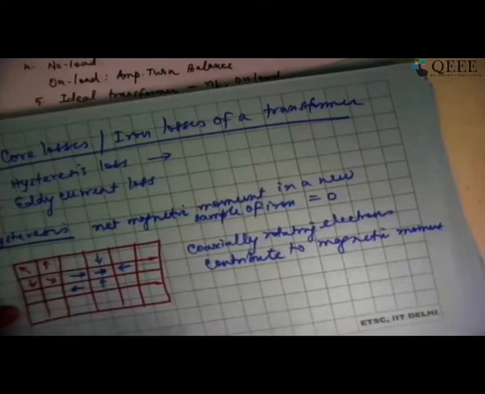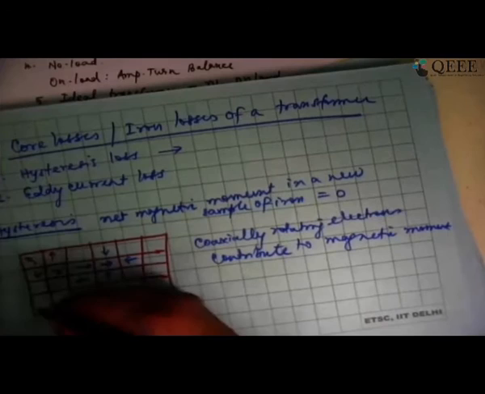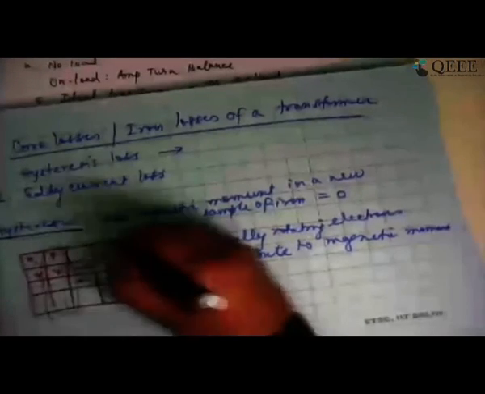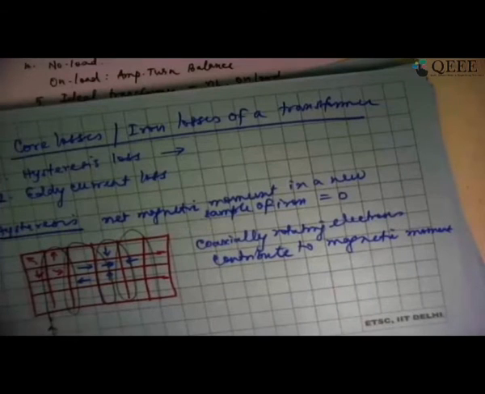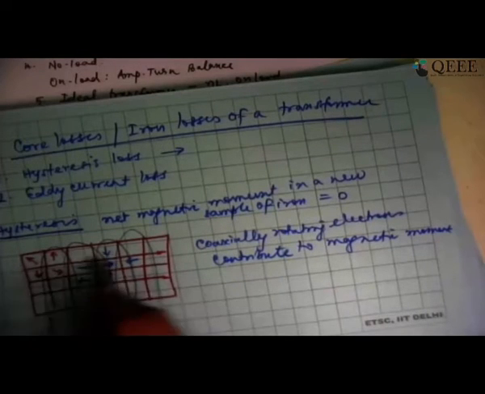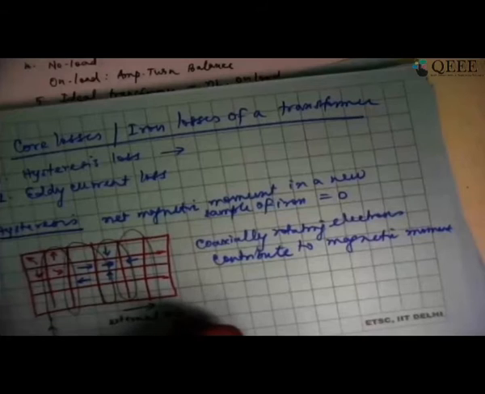Now this ferromagnetic material, let us say, is wound with a coil, like what we have done in a transformer. When it is wound with a coil and I pass a current, there is going to be a magnetism set up due to the current flowing. Maybe it is in this direction. This is the external magnetic field due to current.